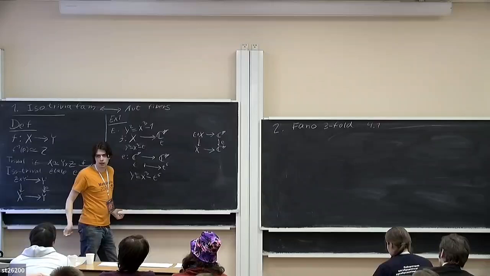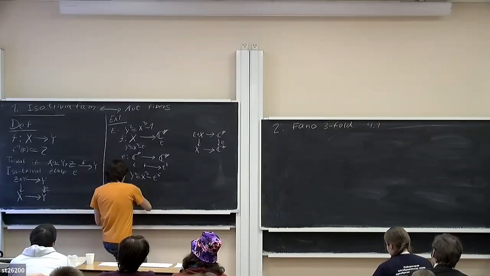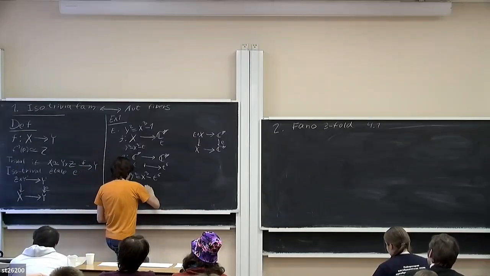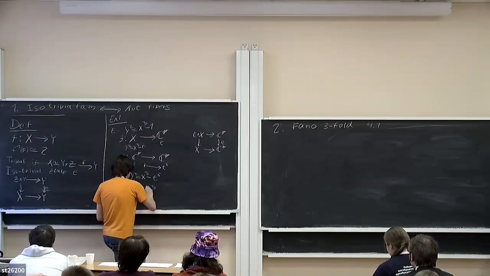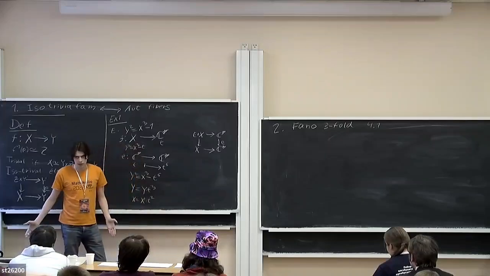And we can just make a change of variables. We can write y equals y prime times t cubed and x equals x prime times t squared. So the family is trivialized.